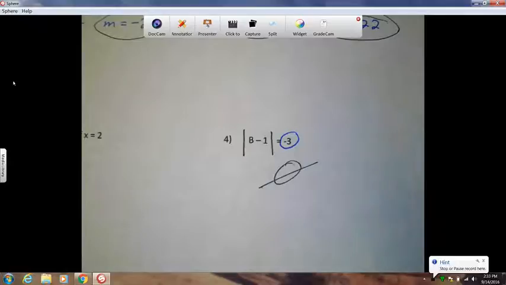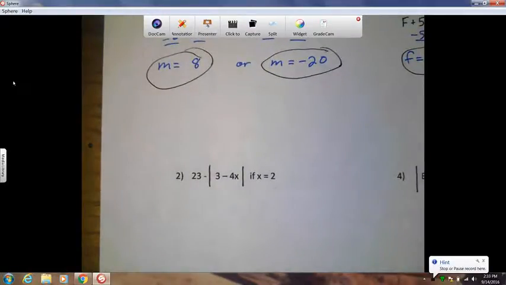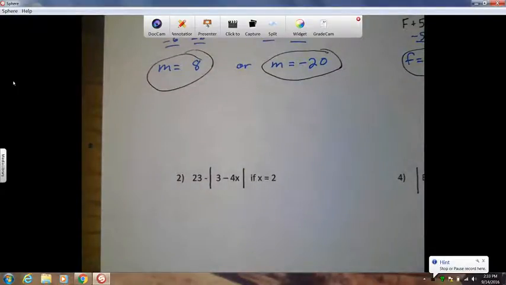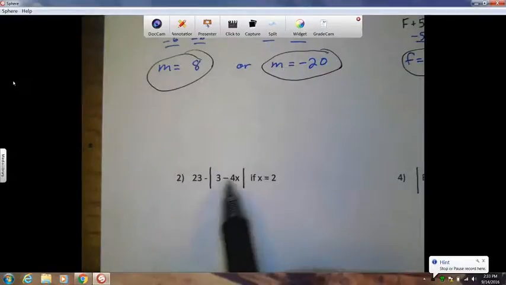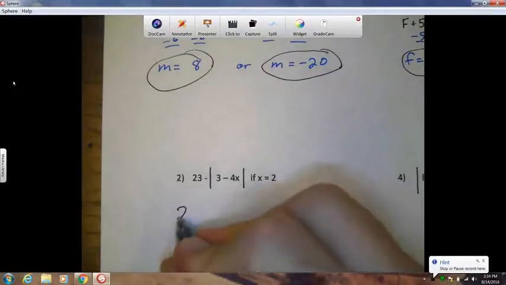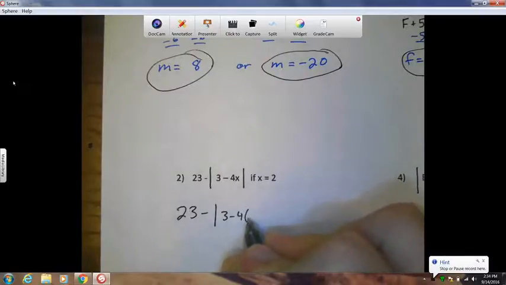So here's the last one I'm going to work. I'm trying to solve this expression. It's an expression, has no equal sign. So I need to remember I'm going to completely simplify inside the absolute value bars. Then I'm going to take the absolute value, and then I'll continue working the expression and evaluating it. So I substitute my value for x.